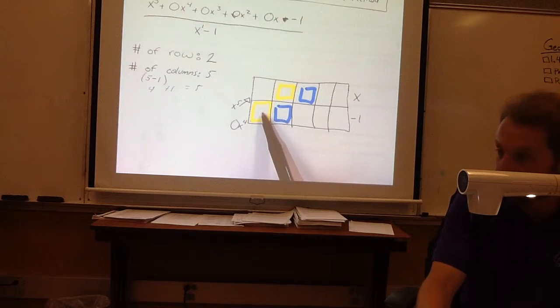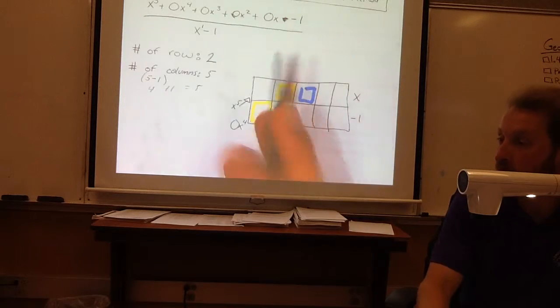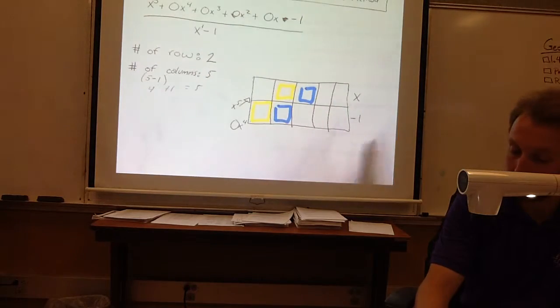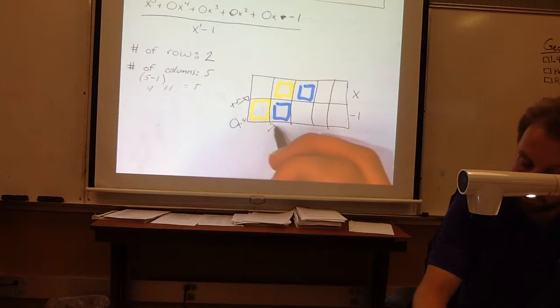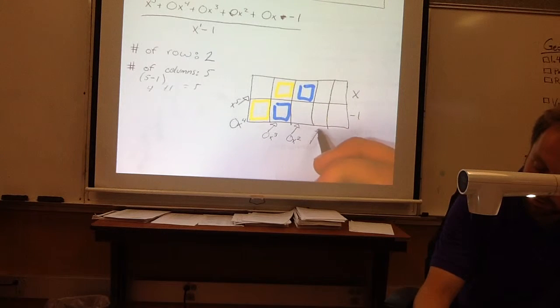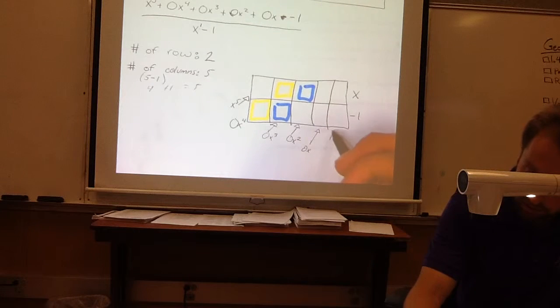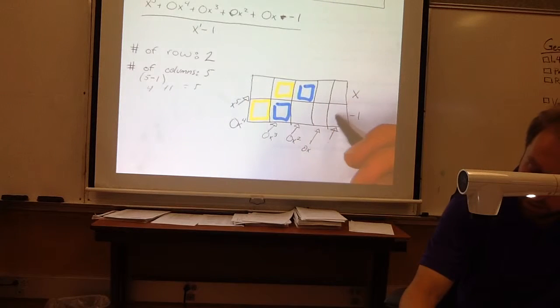Meaning when you add this box and this box together, they're going to be 0. This one's going to be 0. This one's going to be 0, right? 0x cubed, 0x squared. This one is going to be 0x. And then this one is going to be -1.